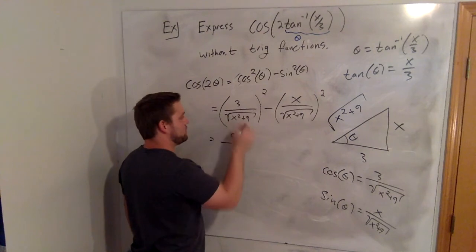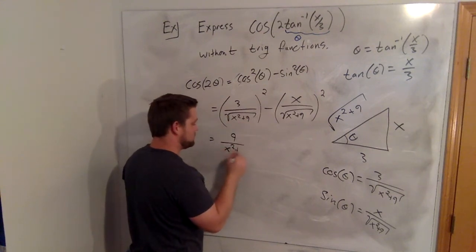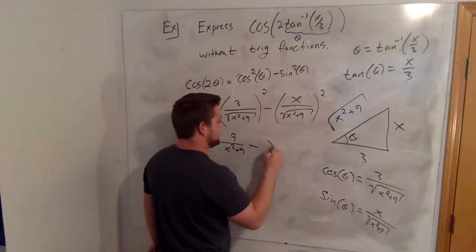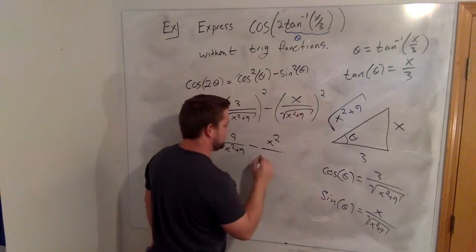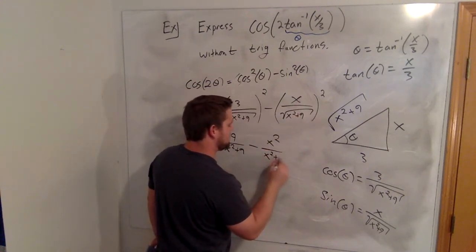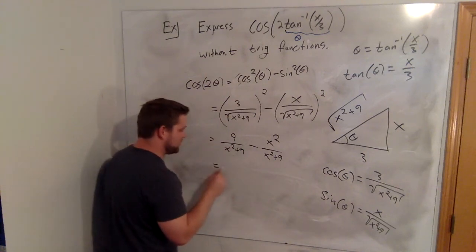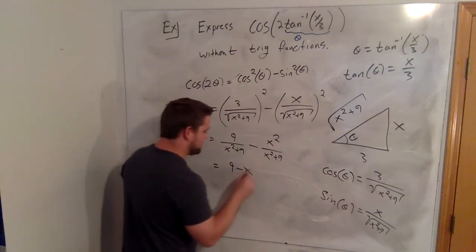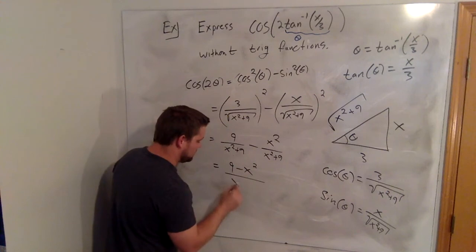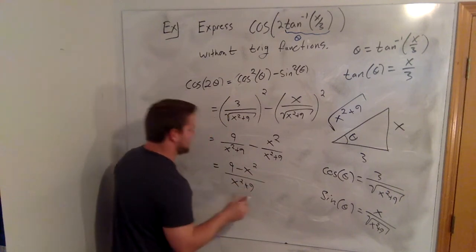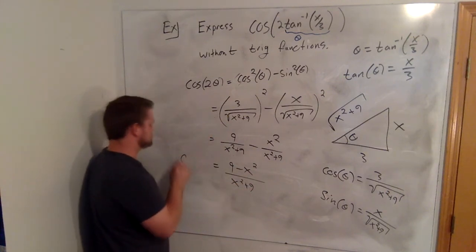This square will kill the square root. Minus, we'll get x squared all over x squared plus 9. We have a common denominator, so we can subtract their numerators: 9 minus x squared all over x squared plus 9. And this is the answer.